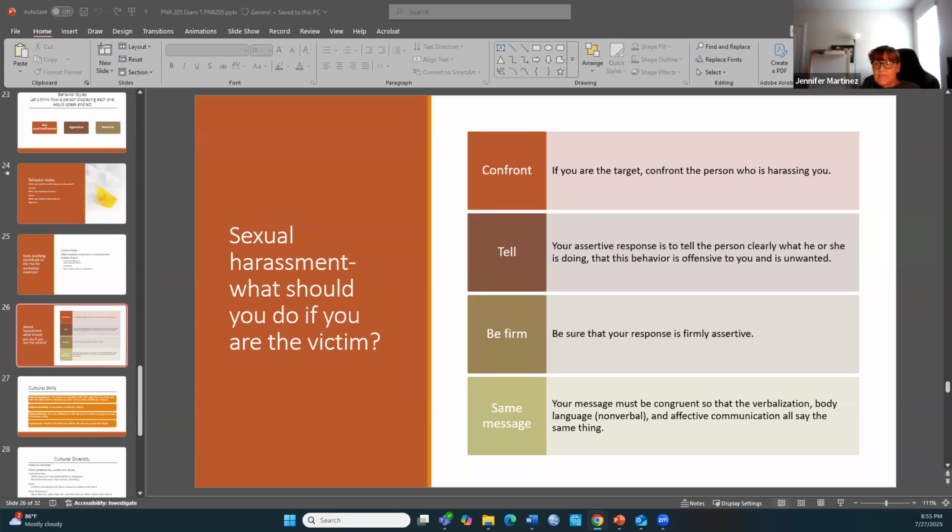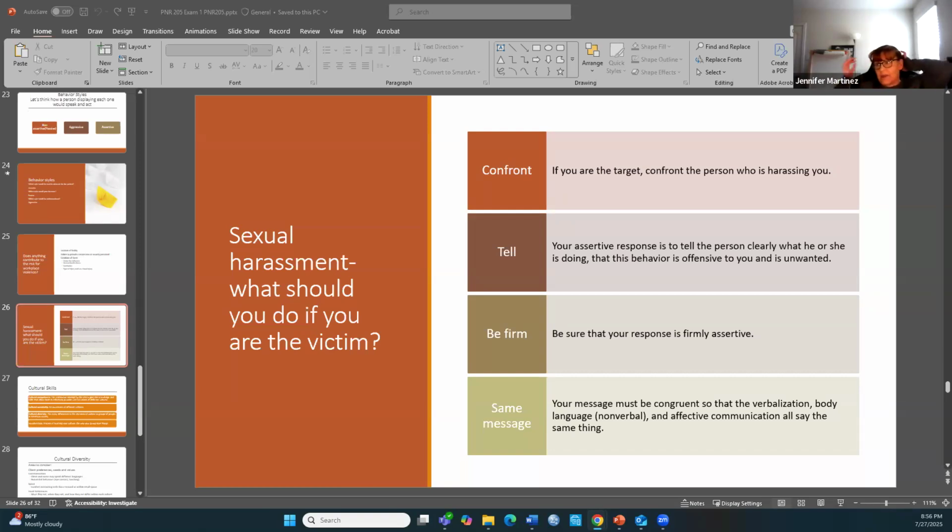If you are the victim of sexual harassment, the first thing you do is confront that person. Be very assertive. Tell them that the behavior is offensive and that it is unwanted. Make sure you are assertive, not aggressive, and that your verbal and nonverbal behavior match.